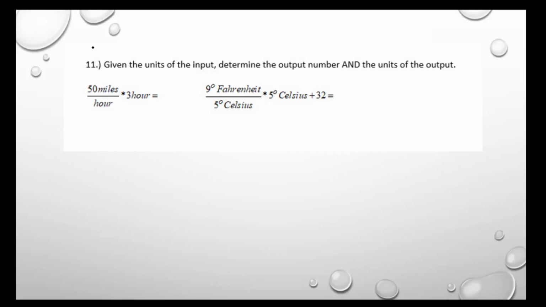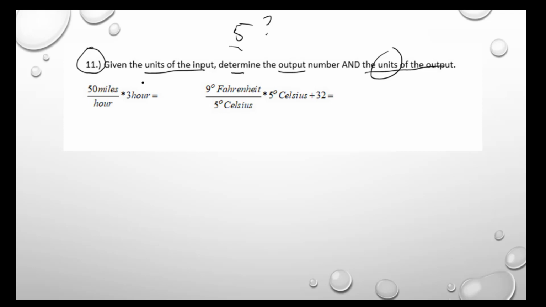So this is problem 11 in the homework, and it's the last one. You're given the units and the numbers. They're going to determine the output and what the output means. The units are what it means, right? Like 5, what's 5? 5 clouds, $5. 5 what? 5 pennies? 5 dimes?